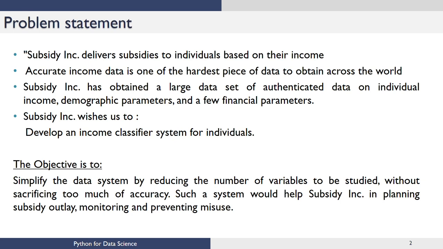Let us say there is a company called Subsidy Inc., which delivers subsidies to individuals based on their income. So, if your income levels are different, you get different subsidies and so on. However, whenever someone new comes in, it is very difficult to get information about personal income.